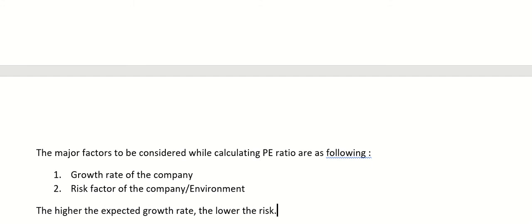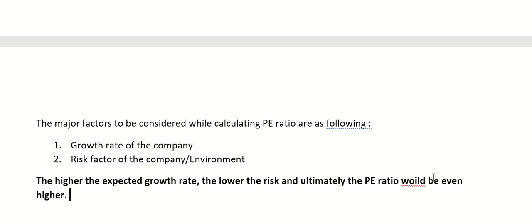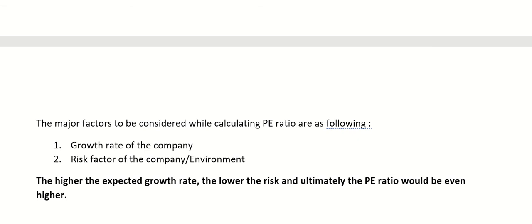If the company is promising a very good growth rate, then it means risk would be less, right? And ultimately, the PE ratio would be even higher, right? So ultimately everything depends on the growth rate of the company.